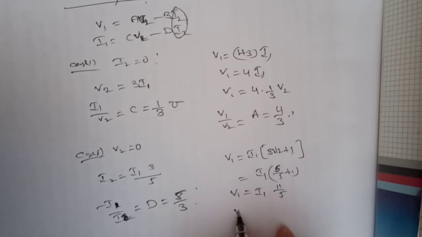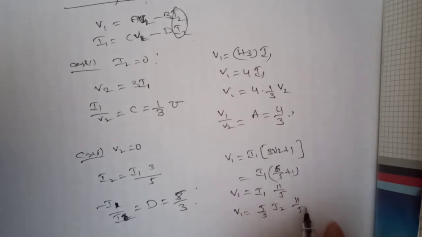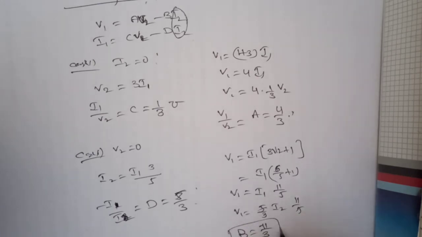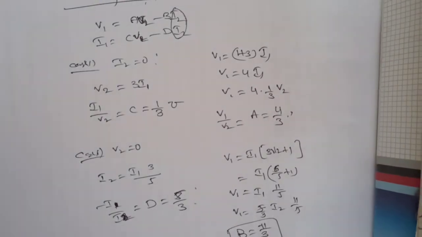So V1 equal to, in the place of I1, if you substitute 5 by 3 I2, times 11 by 5, the 5 gets cancelled. So V1 by I2, that is B, is equal to 11 by 3, and we have to keep the negative sign as it is. Why? Because here we ignore that negative sign. This is the way we can find the ABCD parameters.